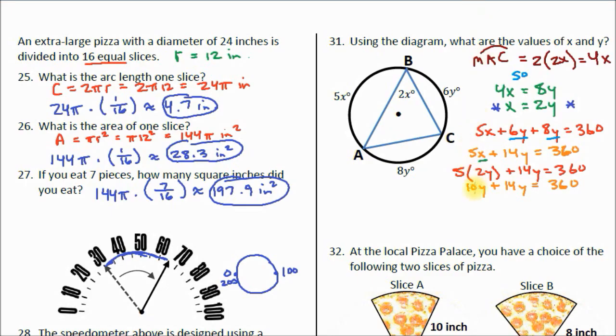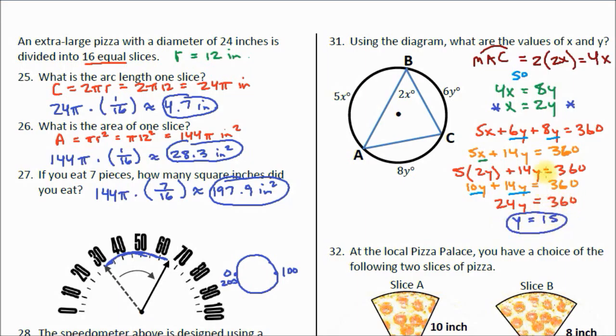We've got some like terms now that we can combine. Therefore 24y equals 360 degrees. Divide both sides by 24 and you end up with y equals 15.